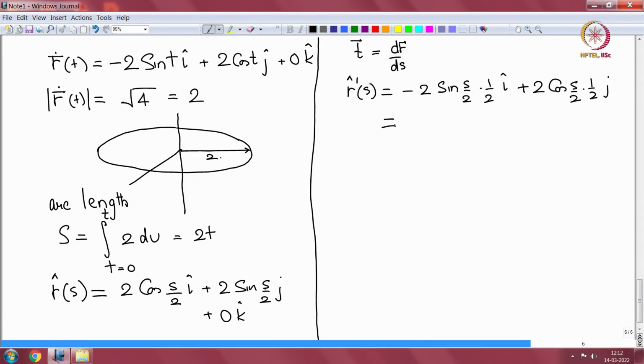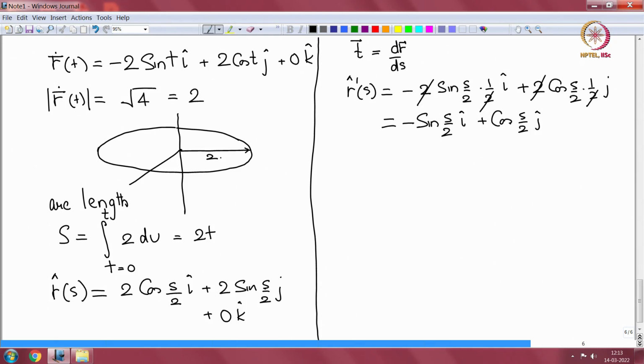I cancel this, and get minus sin(s/2) i plus cos(s/2) j. That is my r dash.